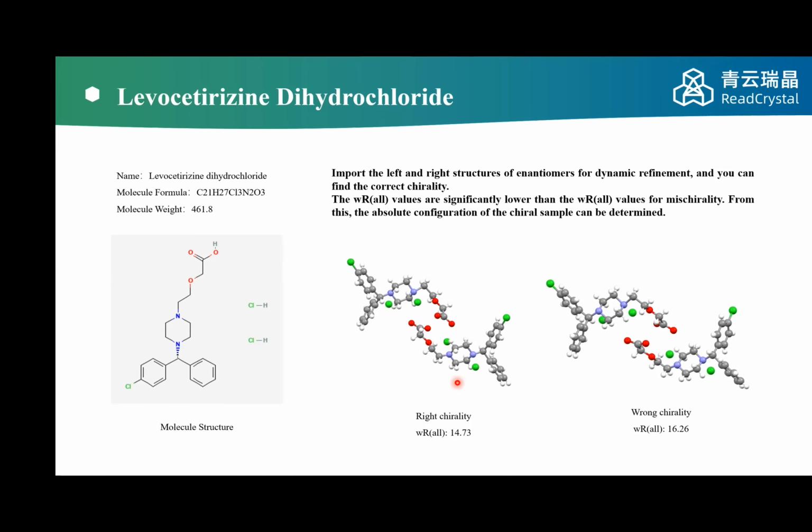We prepared two structures, each with one chirality, and we refine those two structures and compare the R value obtained from them. We found that there is a significant difference between the two chiralities. The one with the significantly lower R value is the one with the correct chirality.